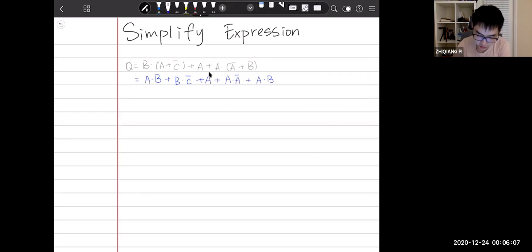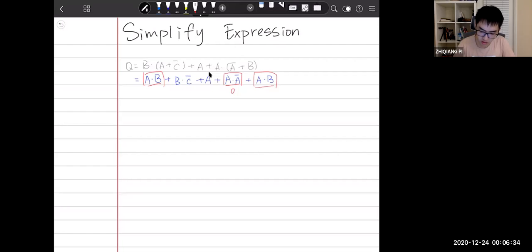First thing to notice is that this term, by using the inverse law, we get false immediately. And the second thing to notice is that these two terms are the exact same, meaning using the idempotent rule, one of them can be just eliminated.